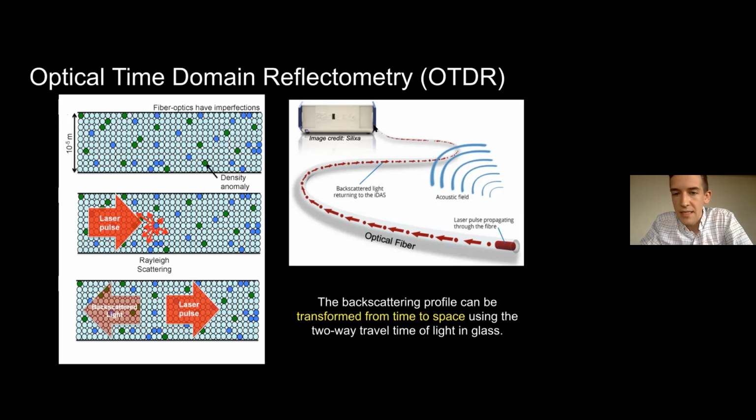We record the backscattered energy from every point, and then we apply the fact that we know the speed of light in glass to assume a two-way travel time, and we can transform that backscattering profile in time, a time series, into one in space. So we can account for where that light has scattered from with the simple assumption of the speed of light in glass. We very carefully record that time series of the backscattering, and then we transform that into space.